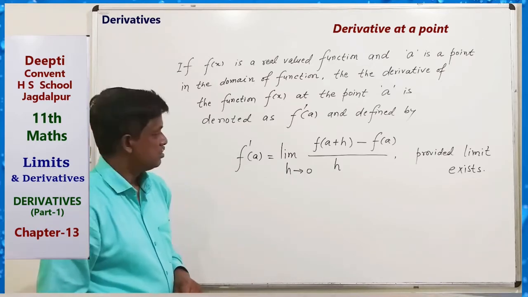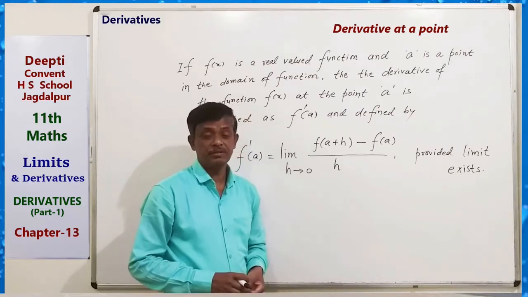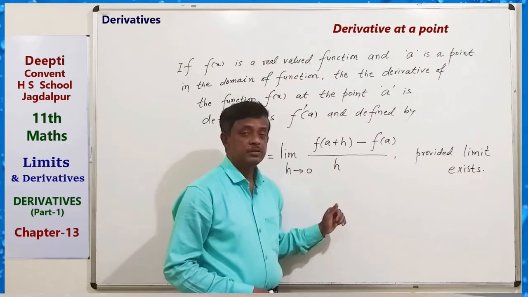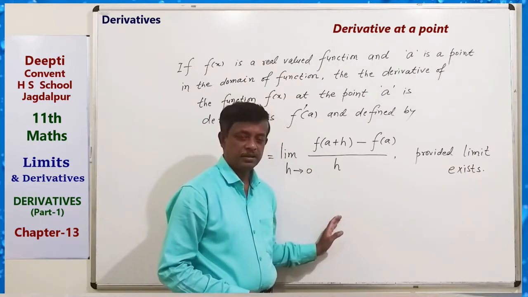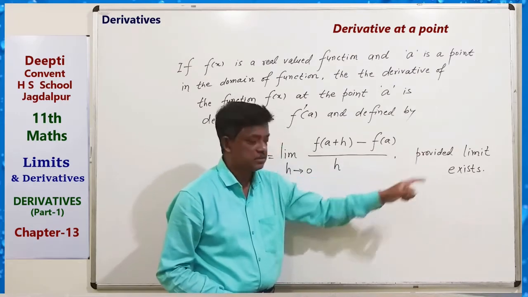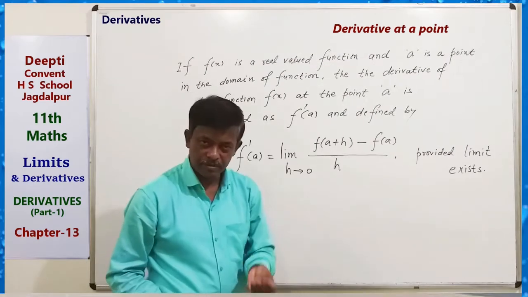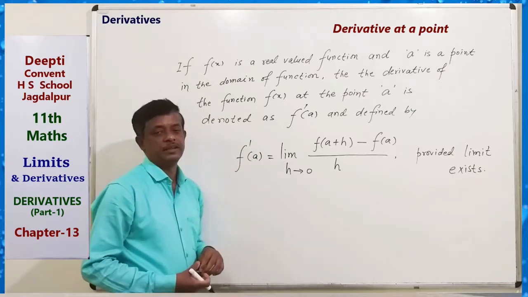Clear? We know how to find the value of a limit, some rules we have already studied. So you just have to find this limit. If the limit exists, we get a definite value, and that will be the derivative of the function at the point a.